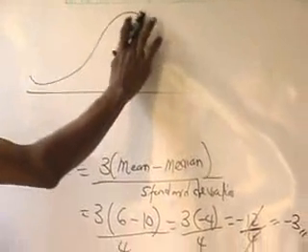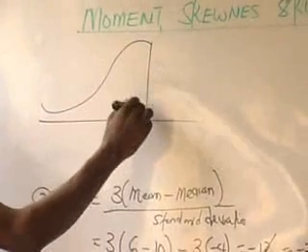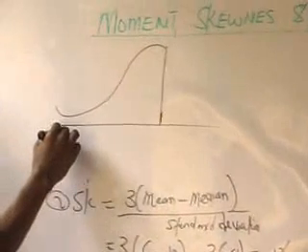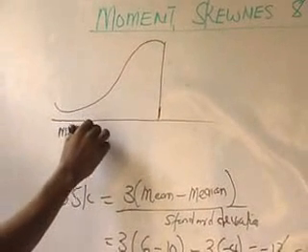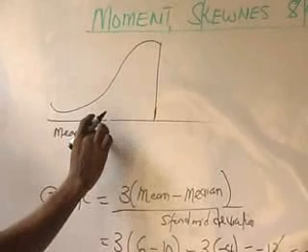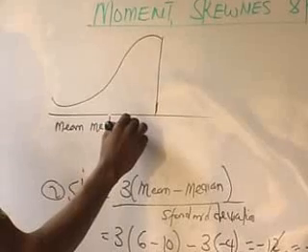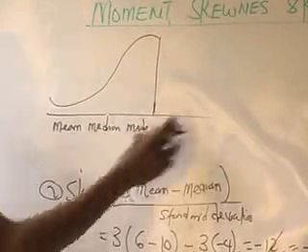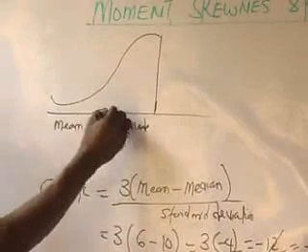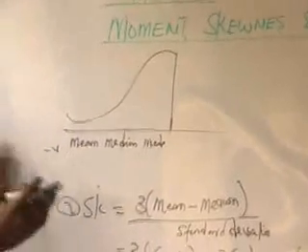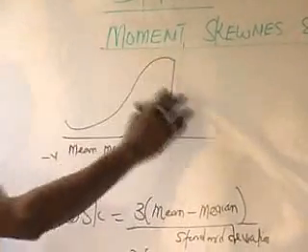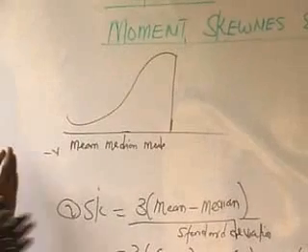If you have it this way, then I know this is mean, median, and then mode. Because this is under the number line, this is the negative side. So this is the representation of negatively skewed.